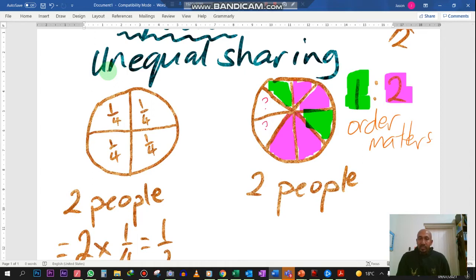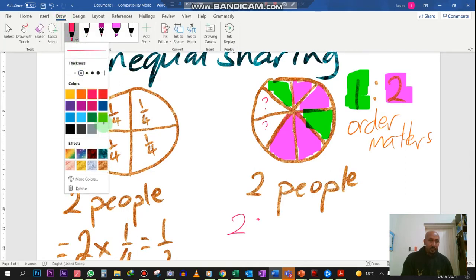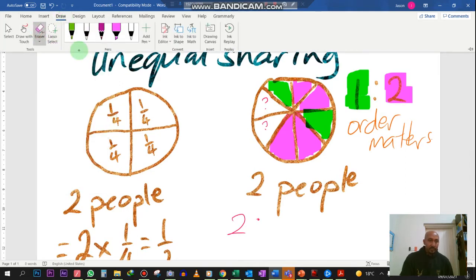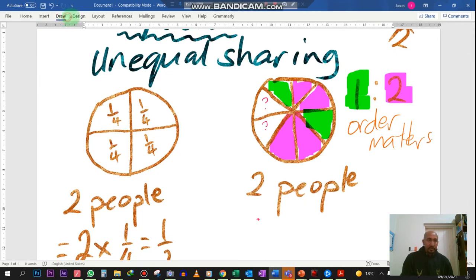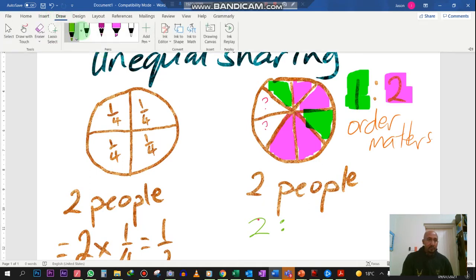And in this ratio from this piece of pizza, you would get 2 pieces and I would get 4. Let me use the same color so that I don't mix you up. You would get 2 pieces and I would get 4 pieces.